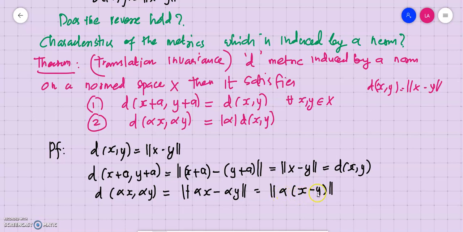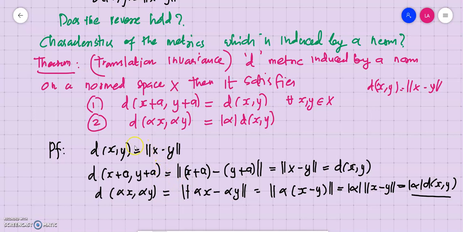Using the definition of the norm, norm of alpha times something equals modulus of alpha times the norm of that something, that is, norm of x minus y. We know that norm of x minus y is d of x, y. So this equals modulus of alpha times d of x, y. Both properties have been satisfied.